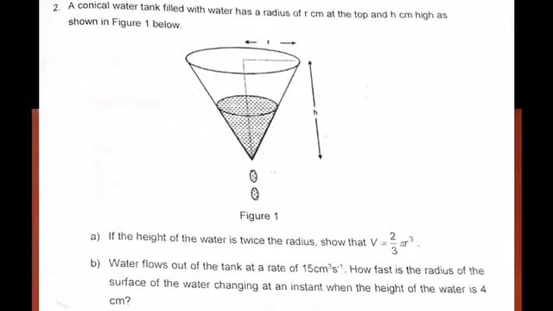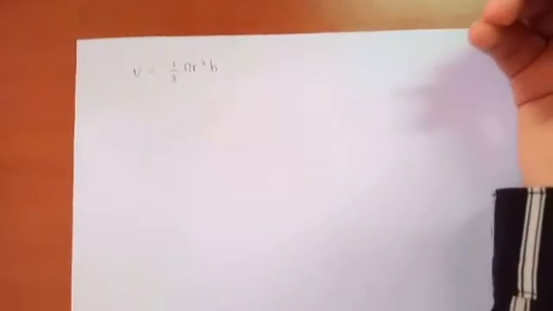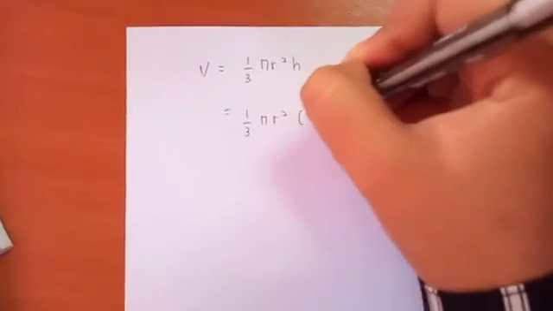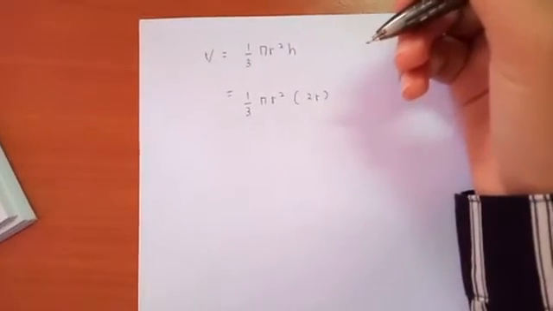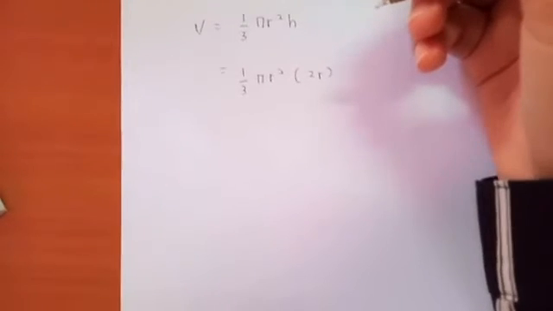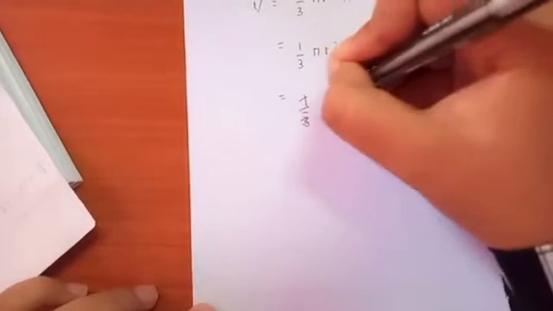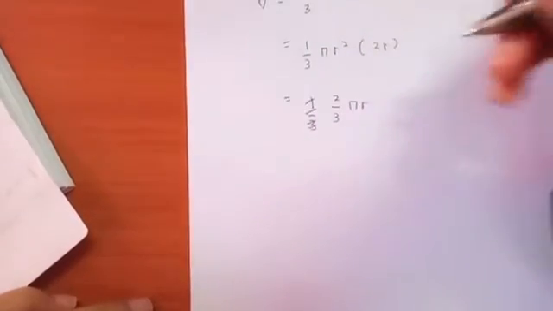So from question A, if the head of the water is twice the radius, show that V equals 2 over 3 pi r cubed. So we just assign h equals 2r: 1 over 3 pi r squared times 2r, because as you say in question A, the head of the water is twice the radius, giving 2 over 3 pi r cubed.